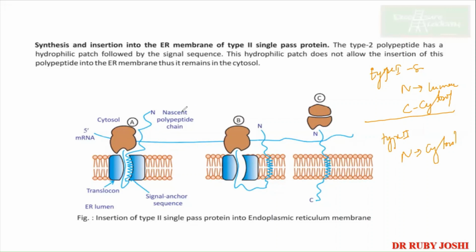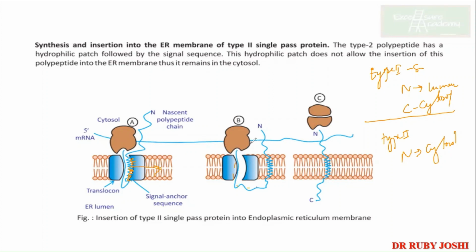You have the polypeptide chain which is being synthesized. Once it understands that the hydrophobic alpha helix amino acids start, it will start getting inserted into the translocon like this. Then it recognizes that that is enough, and only normal synthesis is required now. So this hydrophobic region we push like this, and the rest will be synthesized.